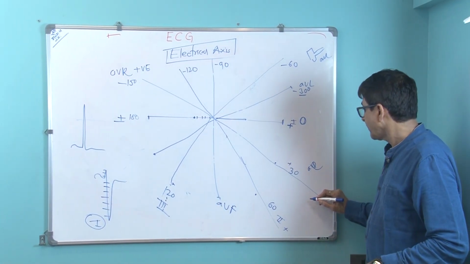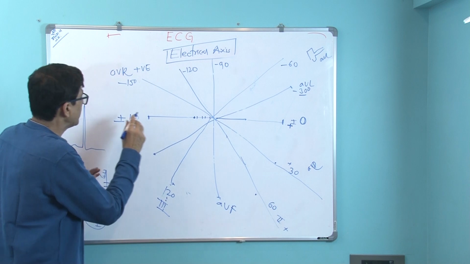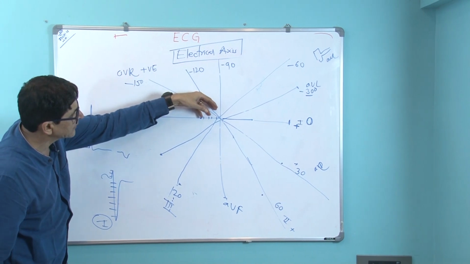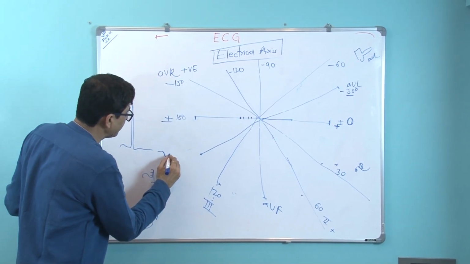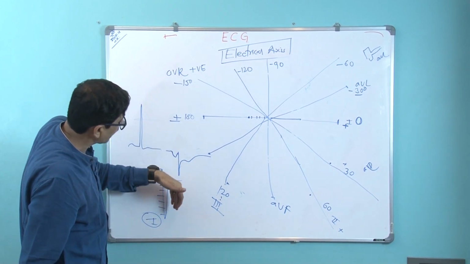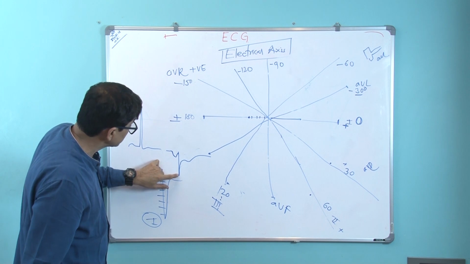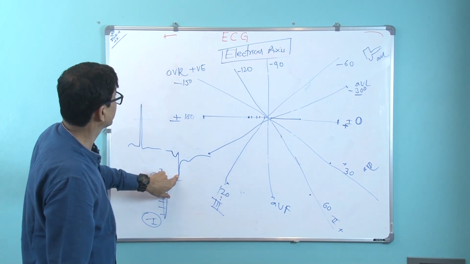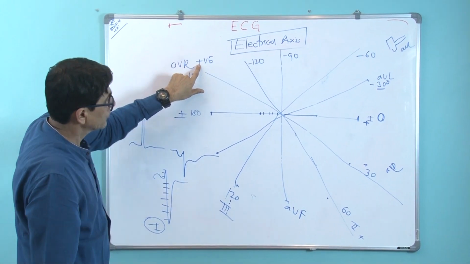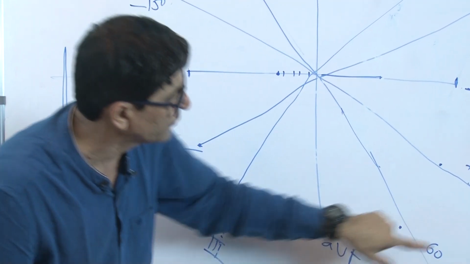Now I will tell you, if you see the ECG, you will always see AVR, which is oriented towards the cavity of the heart, having all the deflection negative generally. So P is negative, QRS is dominantly negative, T wave is negative. So AVR negative will have positive here.